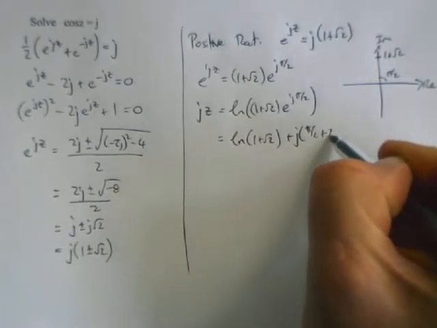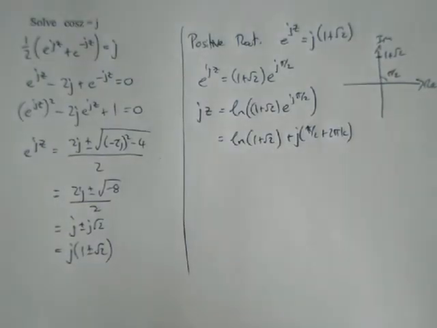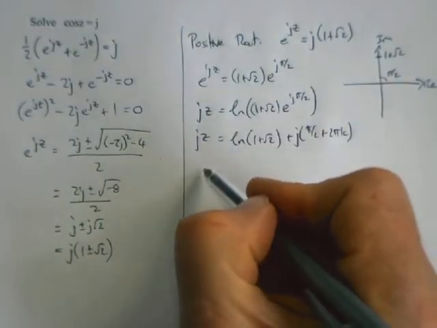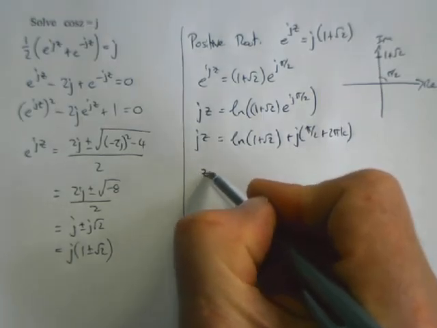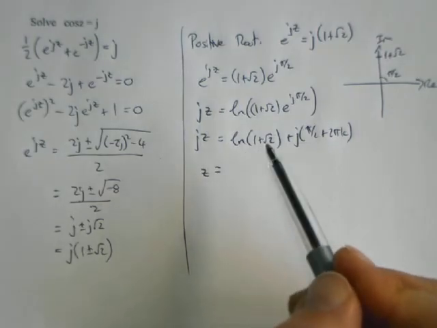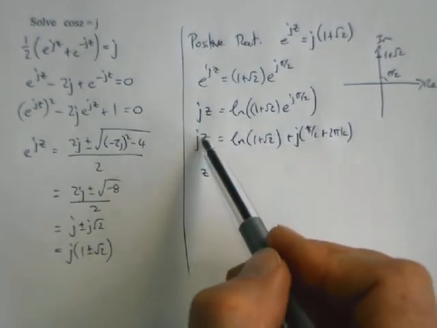That's jz. To get z by itself, I just need to divide through by j. Dividing through by j is the same as multiplying by negative j, because negative j times j is negative j squared, which is negative negative 1, which is 1.